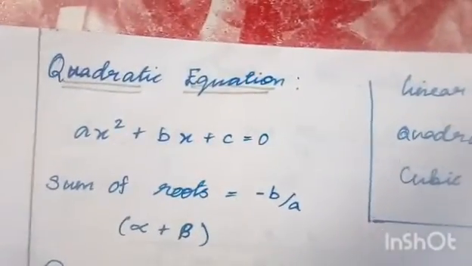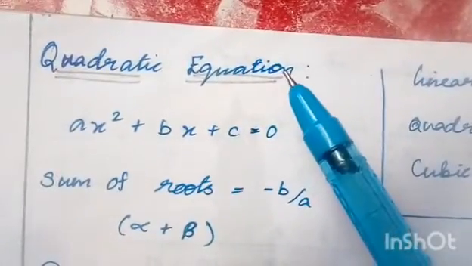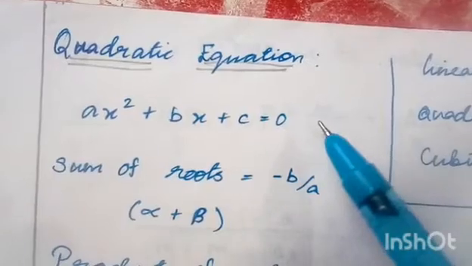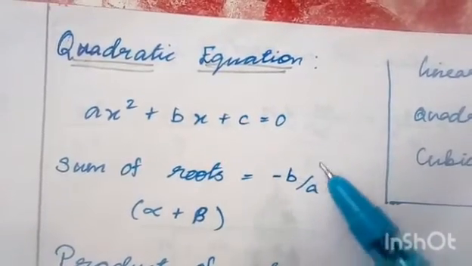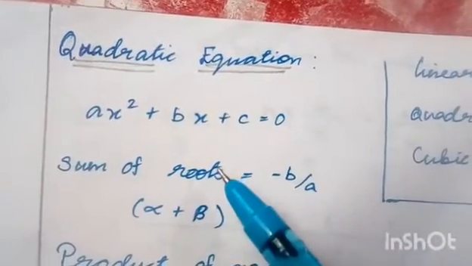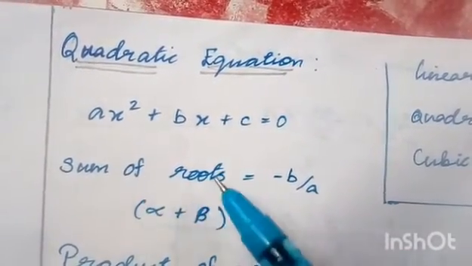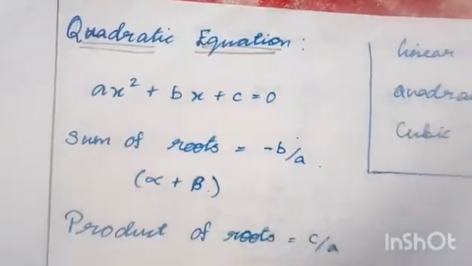Now for the quadratic equation, write the heading in your note, quadratic equation, then write the general form ax square plus bx plus c equal to 0. Then write the formula: sum of roots, considering the two roots as alpha and beta, alpha plus beta equal to minus b by a.